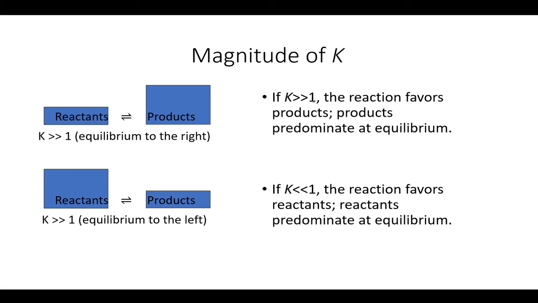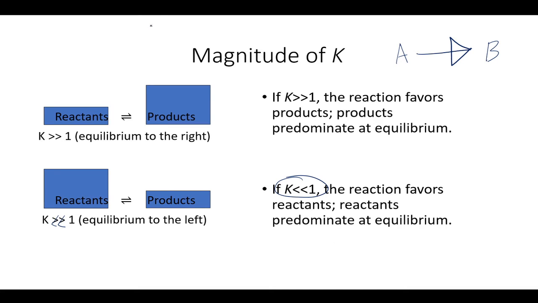If K is much, much greater than 1, then the reaction favors products and goes heavily, you could draw a single arrow to approximate it, to products. We say the equilibrium lies to the right, or products are favored. If K is much, much less than 1, like right in here, then the reaction is favoring reactants.